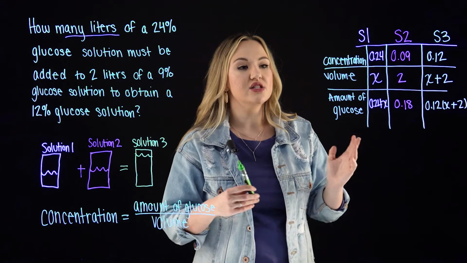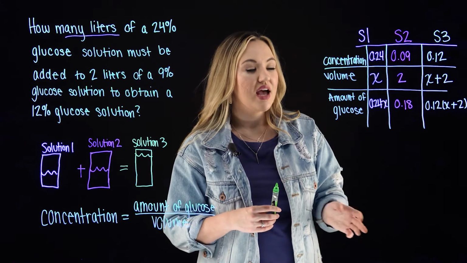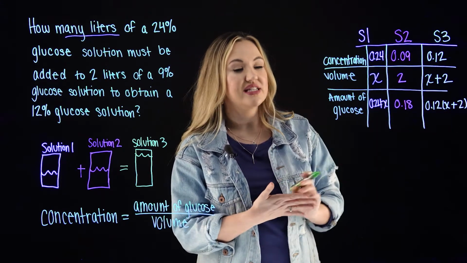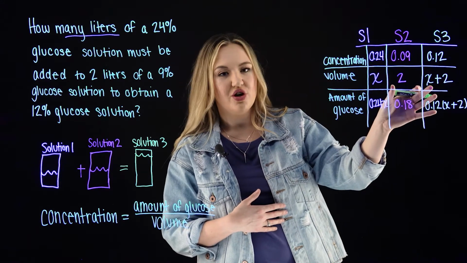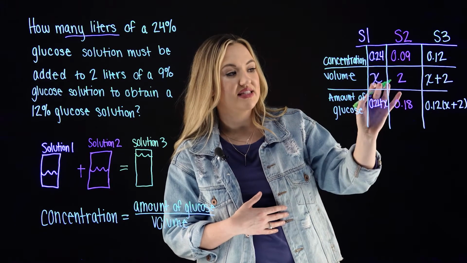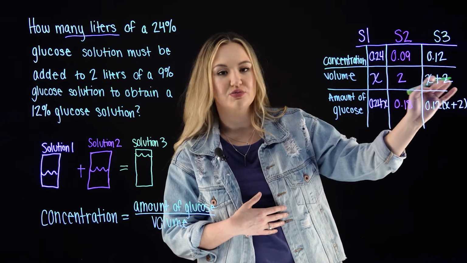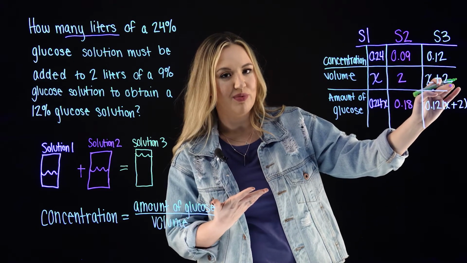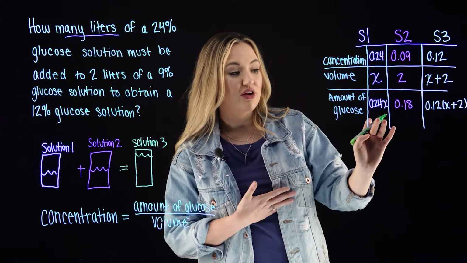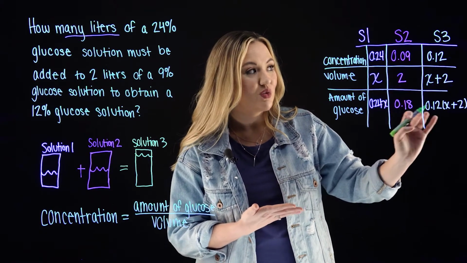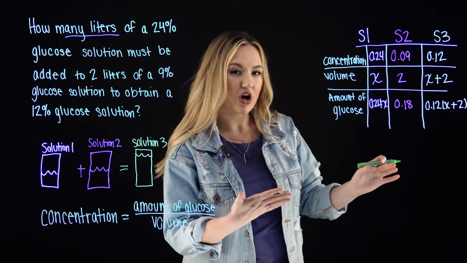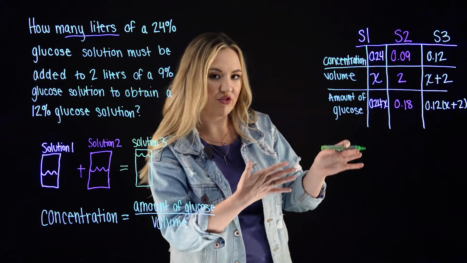So we're trying to solve for the value of x. Basically each of these is just an addition problem. To solve for x, we could use our volume, but that's just going to end up as x plus 2 equals x plus 2, so that's not really going to help us out. But if we add our amount of glucose of solution 1 to that of solution 2, we're going to get solution 3. So let's set up an equation with that information.